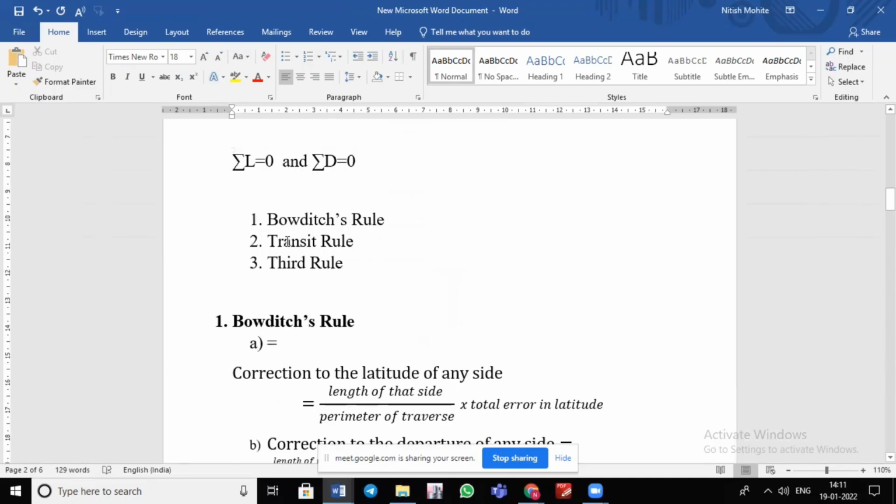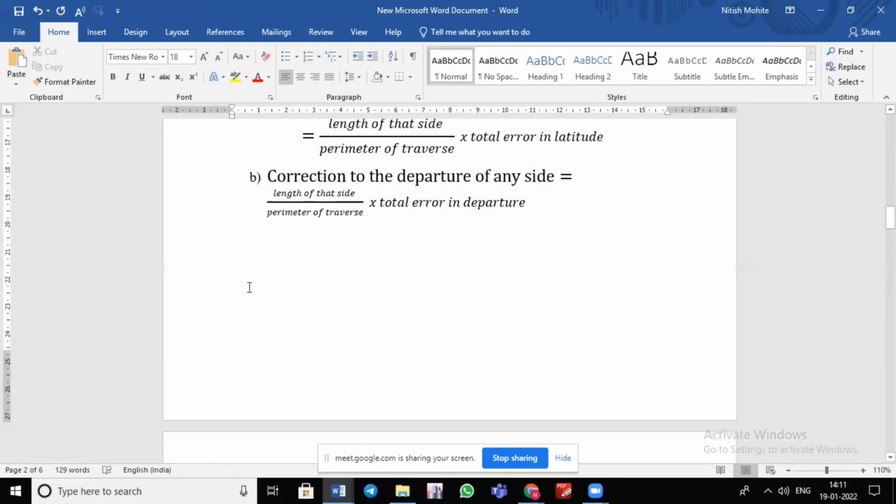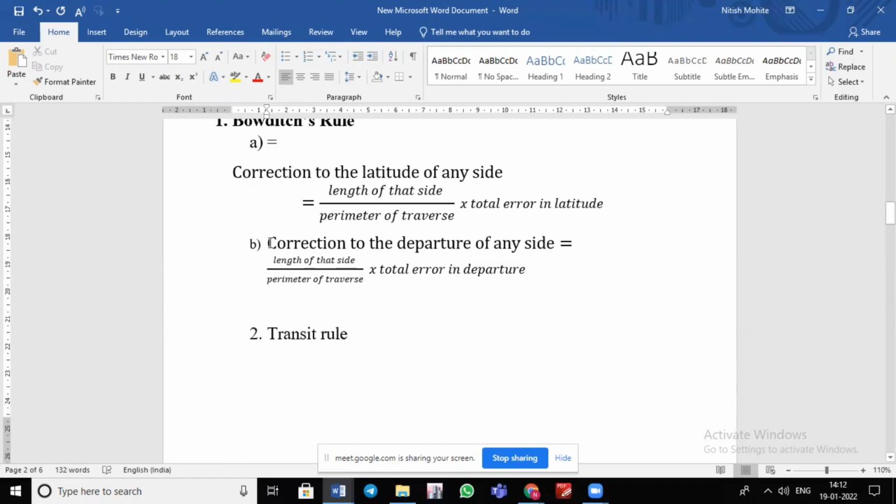Okay. Second rule is the transit rule. The formula for this is also the same, with only a slight change: you are going to apply the arithmetical sum of latitudes instead of the perimeter of traverse, calculated as per the latitude of that side.